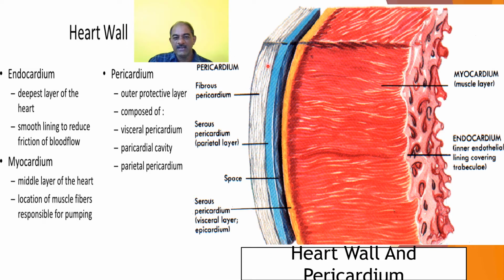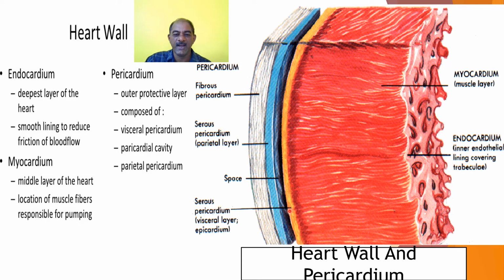The parietal layer is attached to the inner lining of the fibrous pericardium, and the visceral layer is attached to the heart.